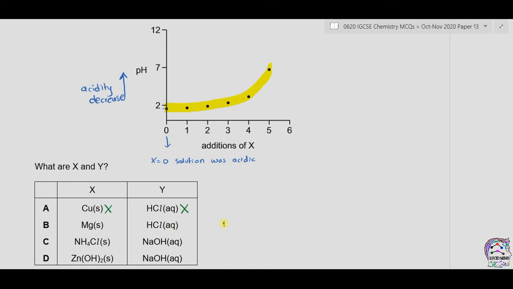Now magnesium can react with dilute HCl to form salt and hydrogen gas. As we can see, when X was 0, the solution was acidic. It means that the solution could be HCl. It cannot be sodium hydroxide. So magnesium can also neutralize HCl, so therefore the correct answer is B.